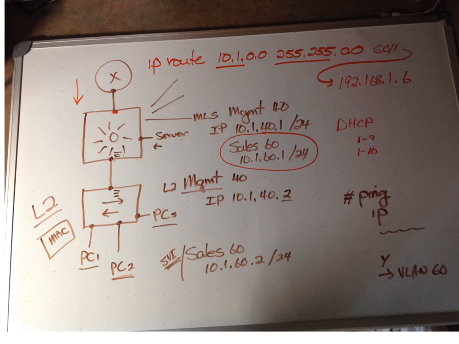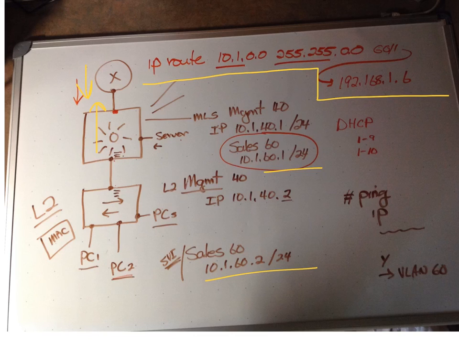As an example, if we were to look at one particular setup, this would be the IP route down in. You would need a default route coming out of your multi-layered switch. And then this is an example of a sales VLAN and having it set up on both devices.